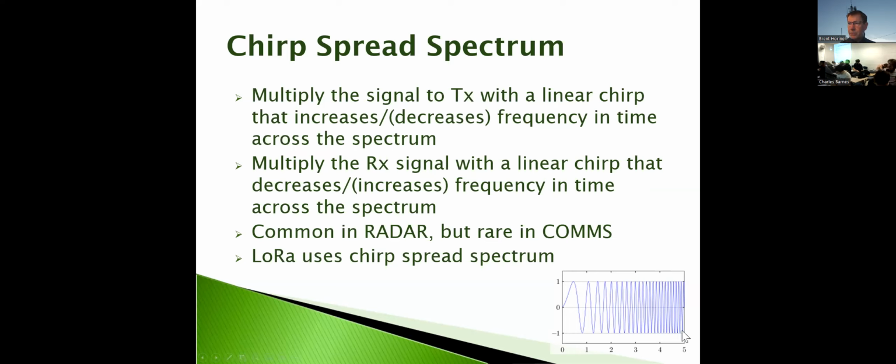I keep pointing to the wrong screen with my cursor. So over here at the early time, we've got low frequency, and we've got high frequency over here, right? So this is a linear chirp. If you drew the frequency versus time, it would be a straight line with an upslope to it, right?